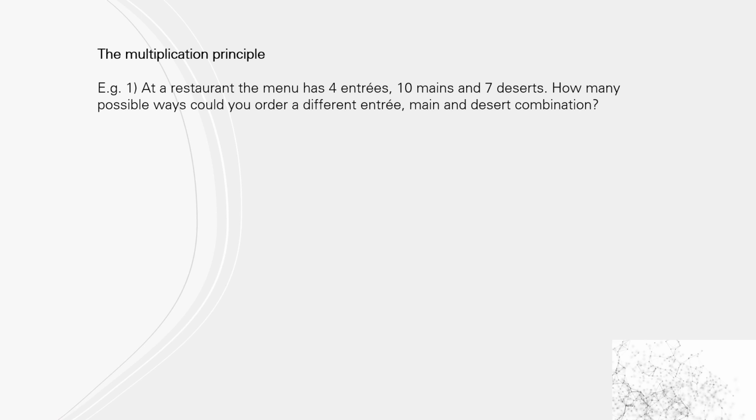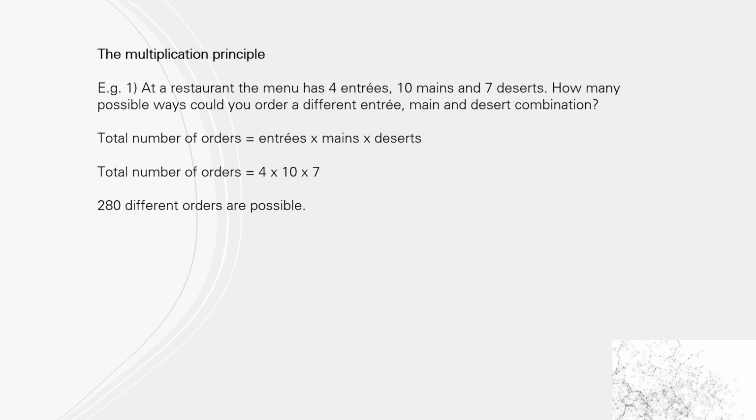So the total number is the number of entrees times the number of mains times the number of desserts, that's 4 times 10 times 7. So you could return 280 different times and have a different combination every time.